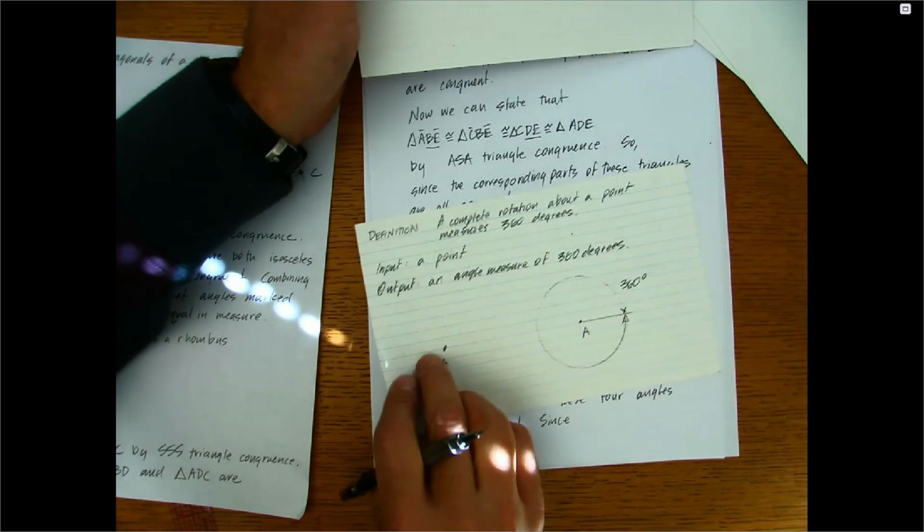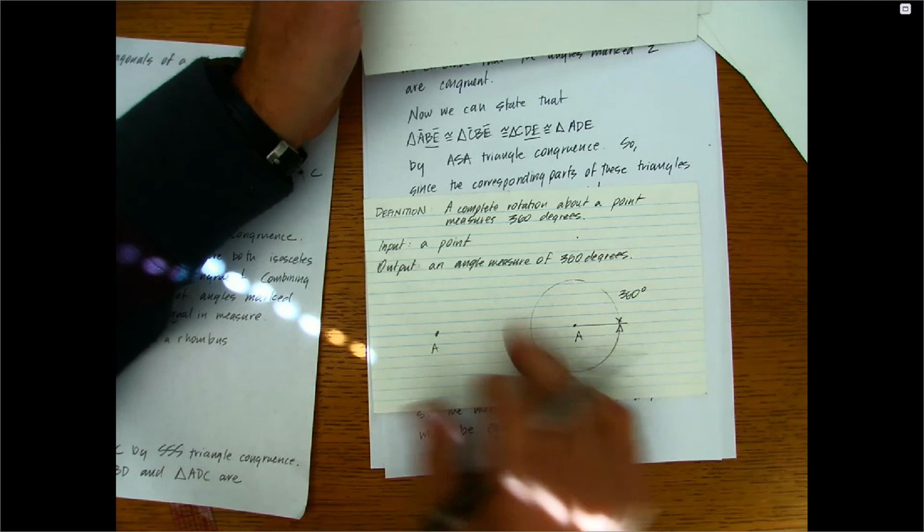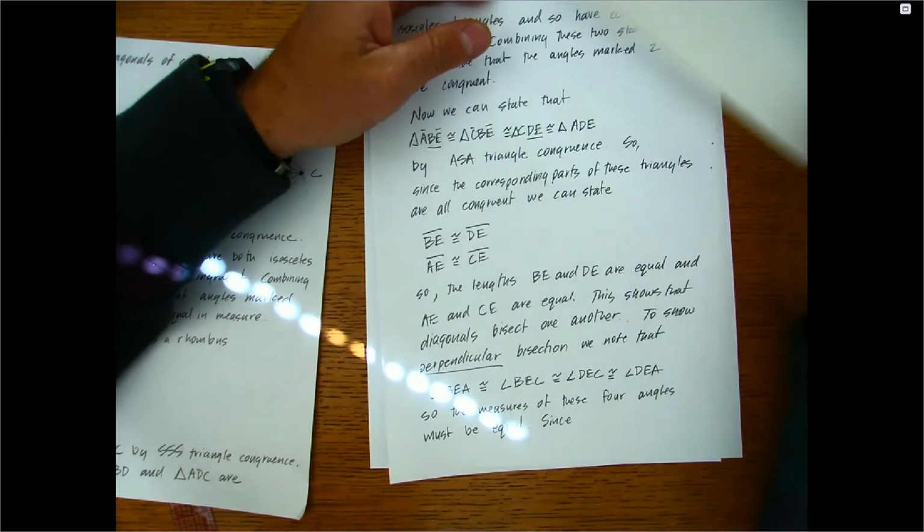We think that the sum of angles around a point is 360.